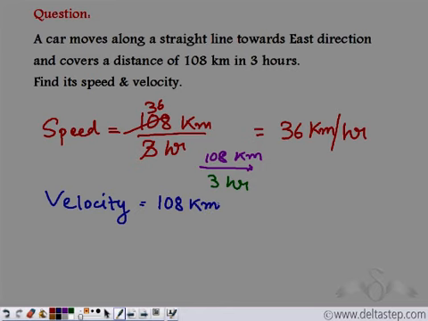So displacement is 108 kilometers towards east. And time taken is 3 hours. So velocity is 36 kilometers per hour towards east.